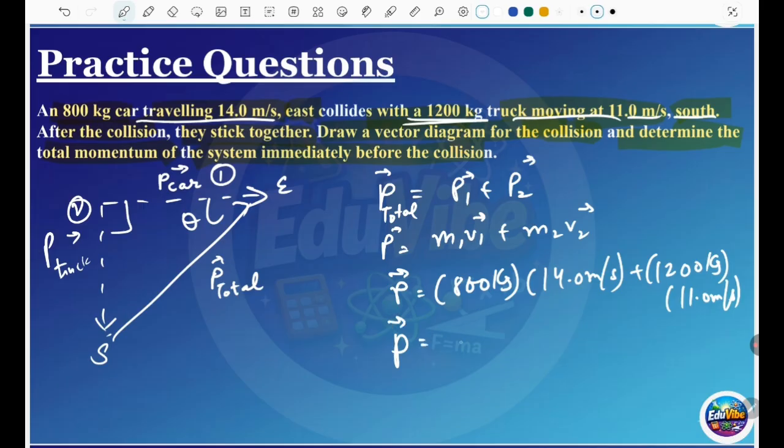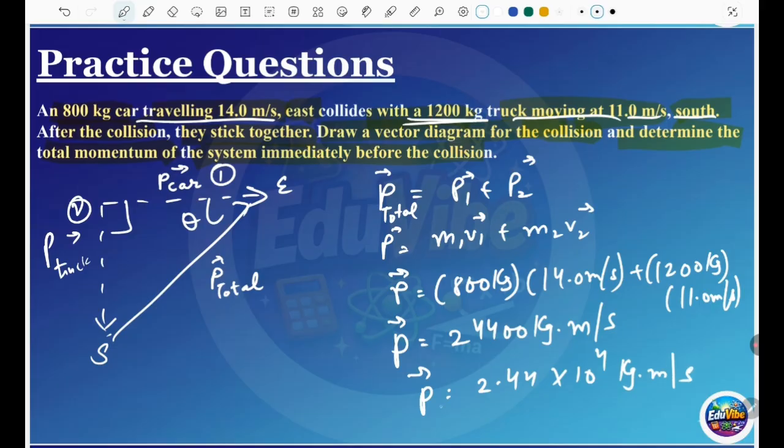When we calculate P, we get 24400 kg·m/s. In standard form, shifting the decimal point, you get 2.44 times 10 to the power 4 kg·m/s. So that's your total momentum.